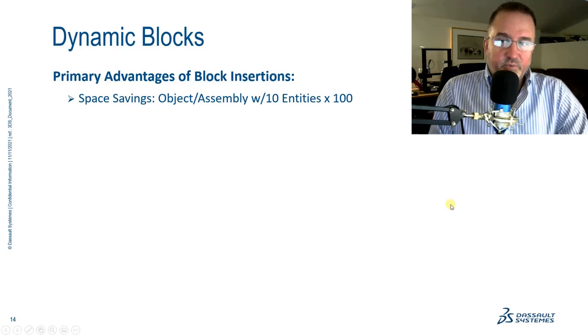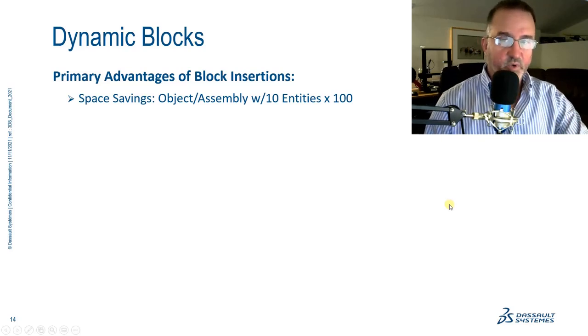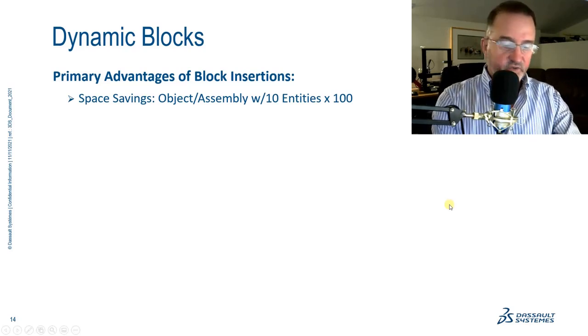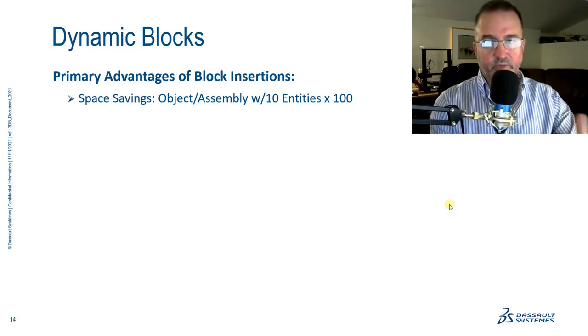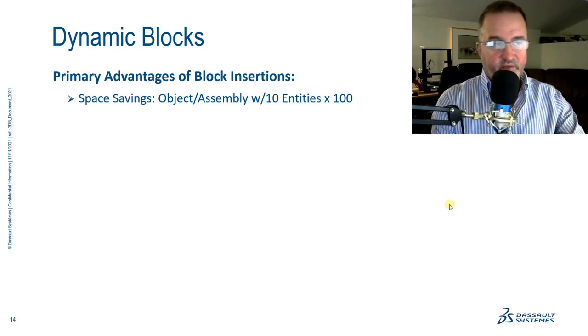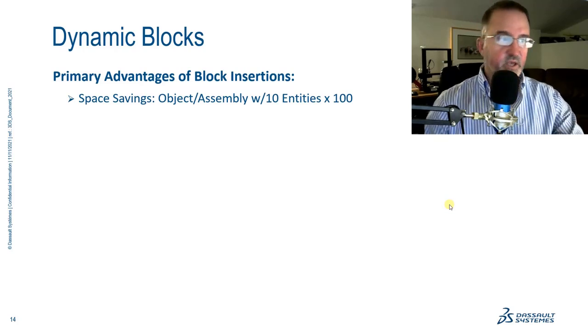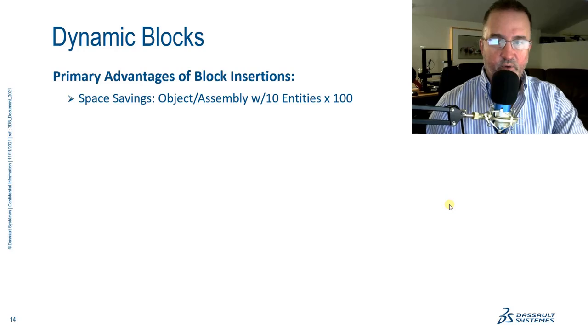All right, let's talk about why we use blocks. Probably the number one advantage of using a block is just saving space, especially when we have extremely large drawings. Now, if I have, let's say, an object that is represented by 10 entities, or let's say it's an assembly, it's 10 lines representing that.